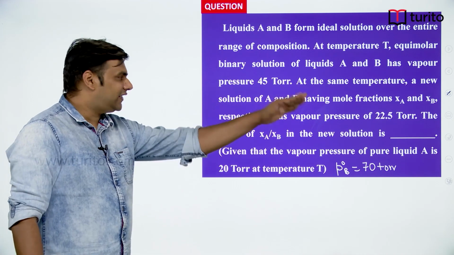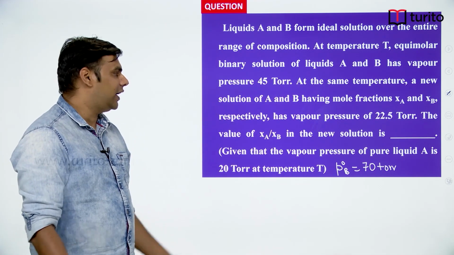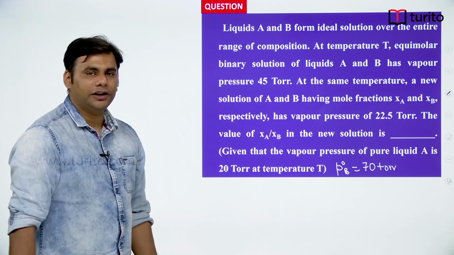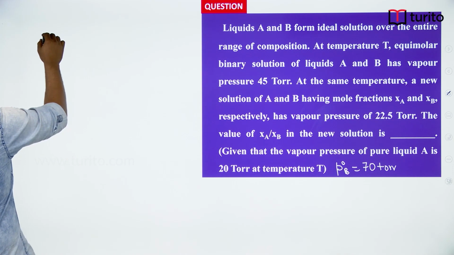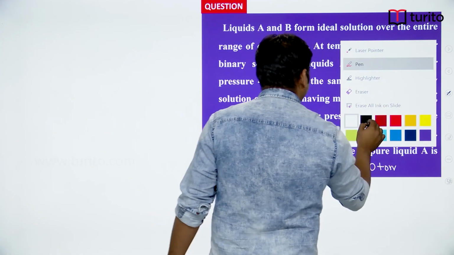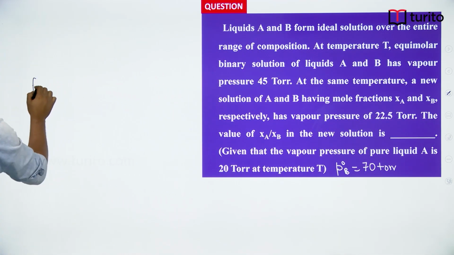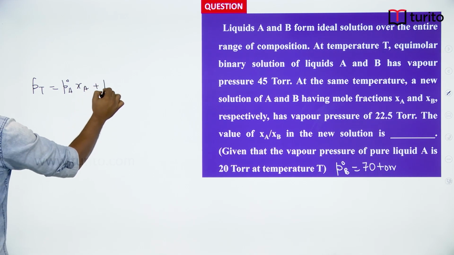Now, at the same temperature, a new solution of A and B having mole fractions XA and XB is mixed together, and now the total pressure is 22.5 torr, which is 45 by 2. So the total pressure is equal to P naught A XA plus P naught B XB.